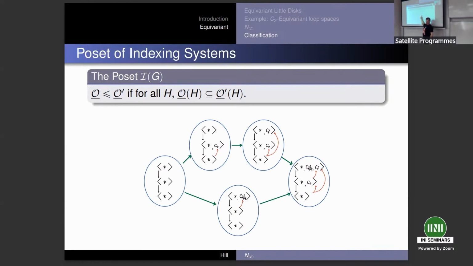This one is also little disks on some representation. It's a little harder, but it's also little disks on some representation. This one is little disks on the regular representation for CP squared mod CP. And then this one is not little disks on anything.